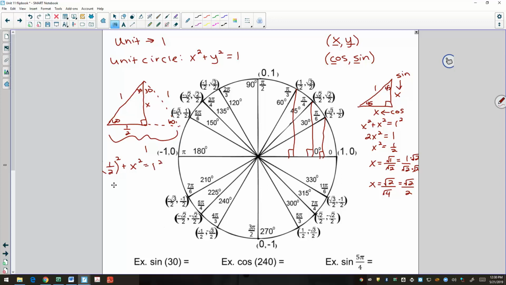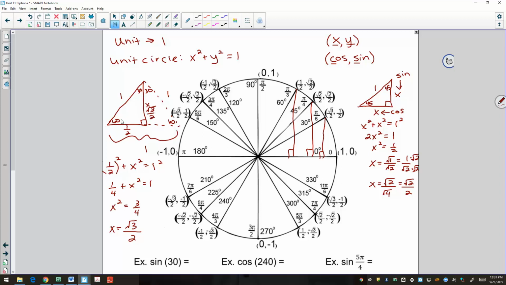So 1/2 squared is 1/4, x squared is x squared, 1 squared is 1. Subtract the 1/4 over, that's 3/4. Then if you square root both sides, you get the square root of 3 over the square root of 4, which is 2. So this missing side is radical 3 over 2.